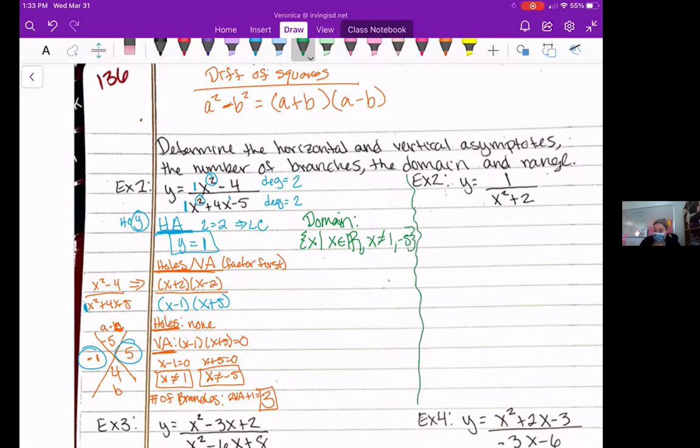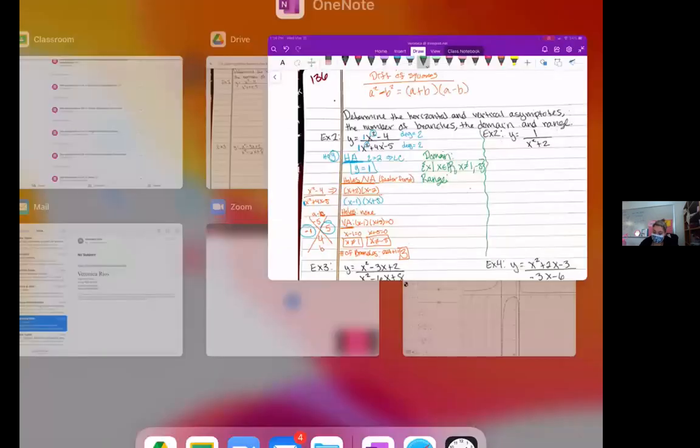Okay. Now, for your range, this is where it gets a little bit more tricky. It's always better to graph it and look at the analysis in order to properly determine what the range is. Because again, last class, we talked about how you can have a horizontal asymptote, but you can cross a horizontal asymptote. So let's go on ahead, and I've already graphed it actually.